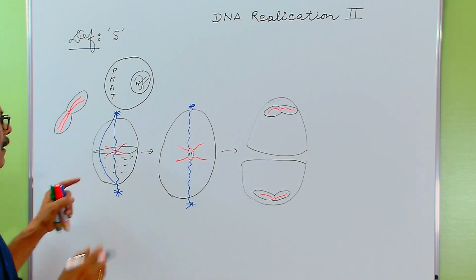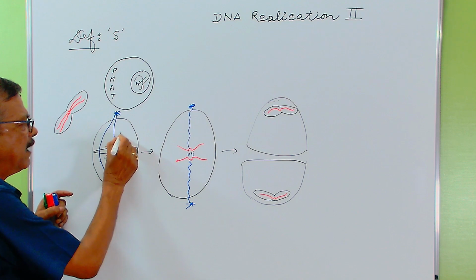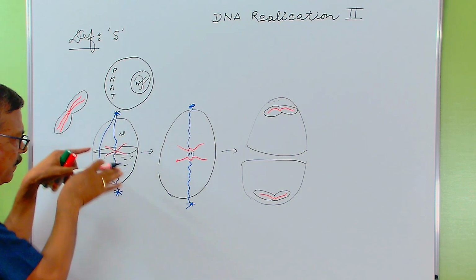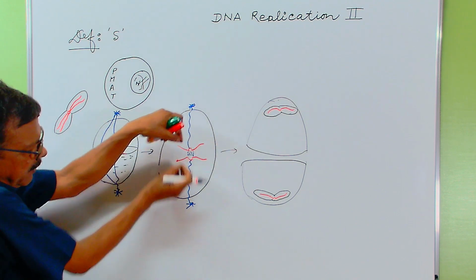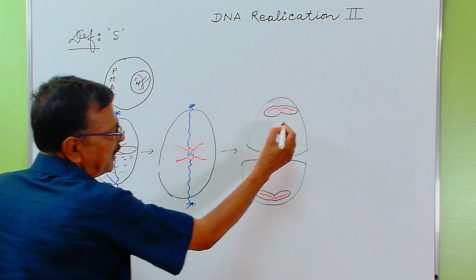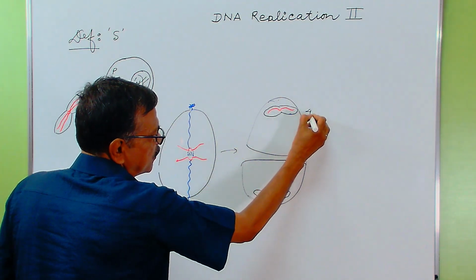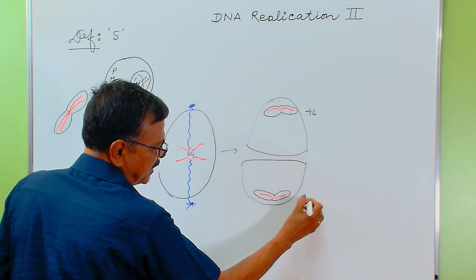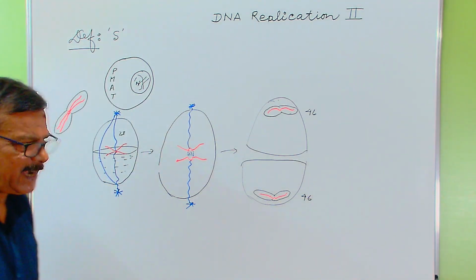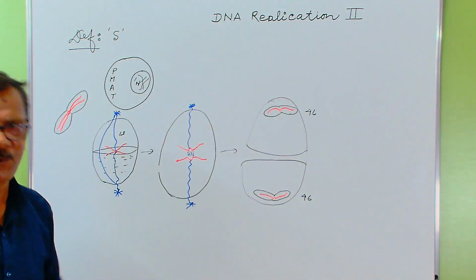It had 23 pairs of chromosomes, that is 46 chromosomes. All 46 come, all 46 split, and 46 chromatids go to this side and 46 chromatids go to that side, and they form chromosomes.